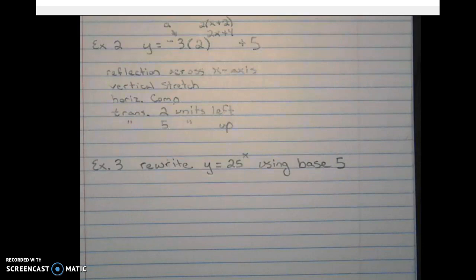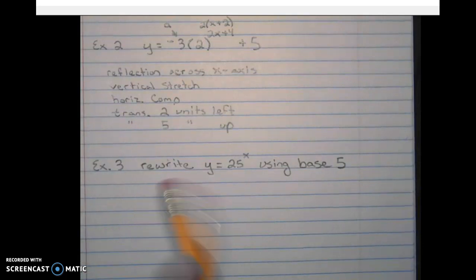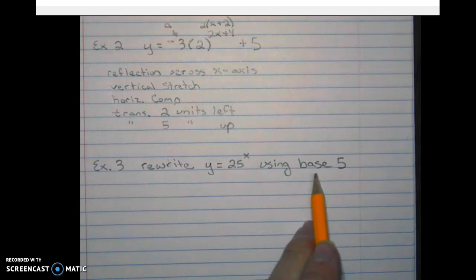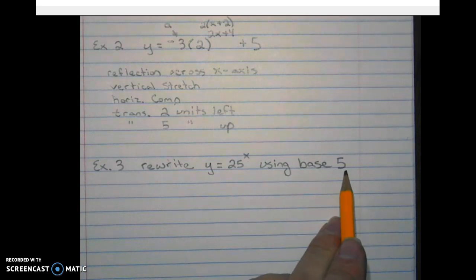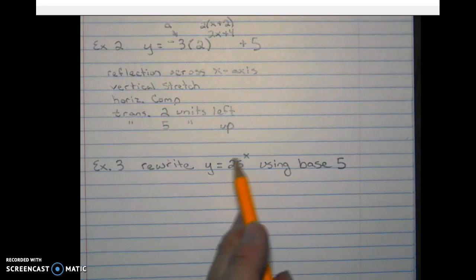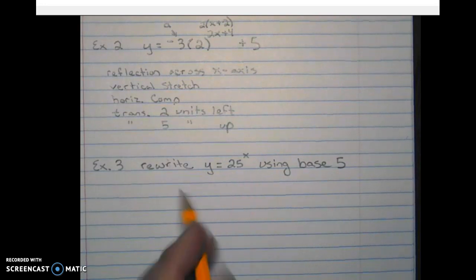Okay, let's take a look at example 3. Rewrite y equals 25 to the x power using base 5. If you remember when we were solving exponential equations using like bases, basically we want to just change this 25 to base 5.